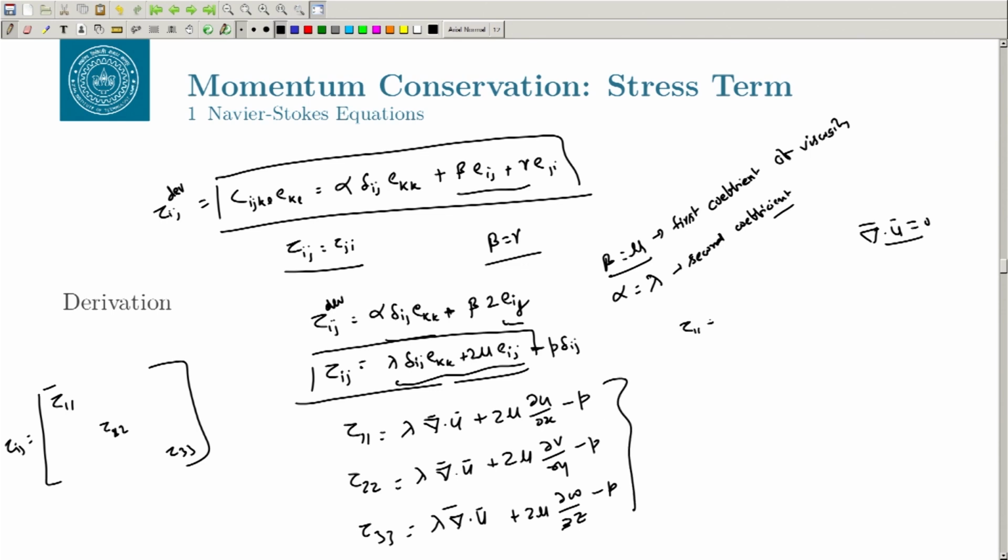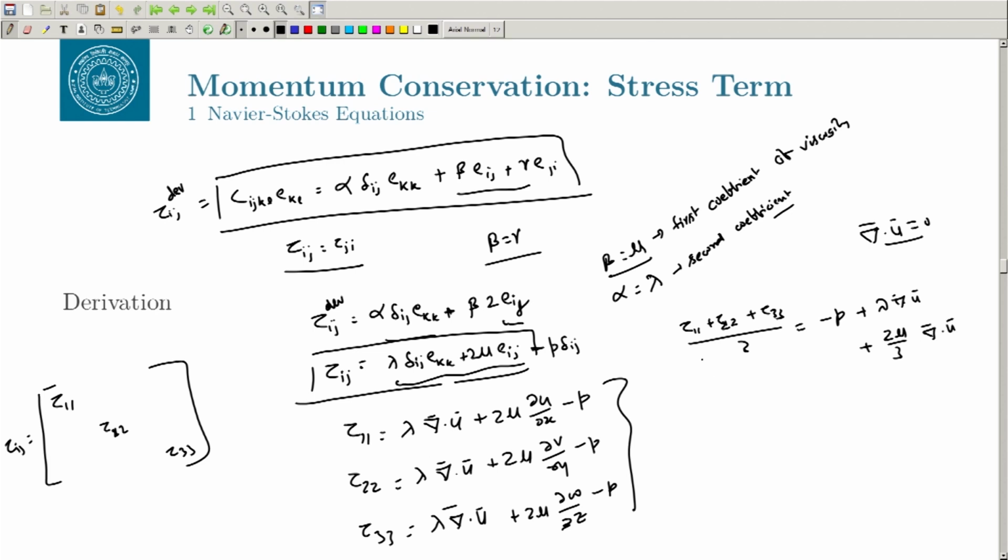So, this will be tau 11 plus tau 22 plus tau 33 by 3, which will become minus P, okay, plus lambda plus 2 mu by 3 times del dot u, because del u by del x plus del v by del y plus del w by del z is also del dot u.